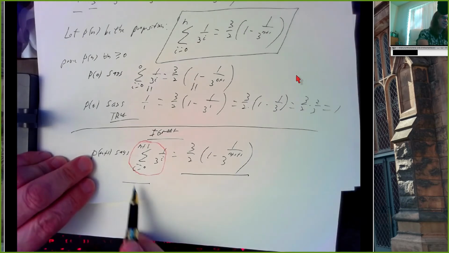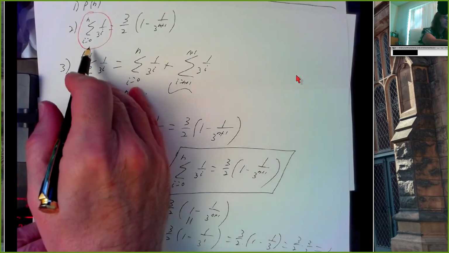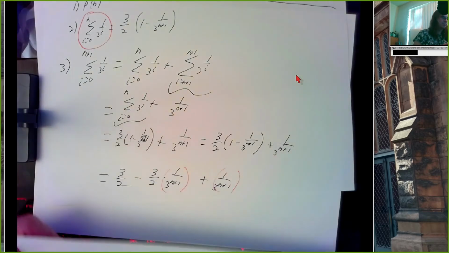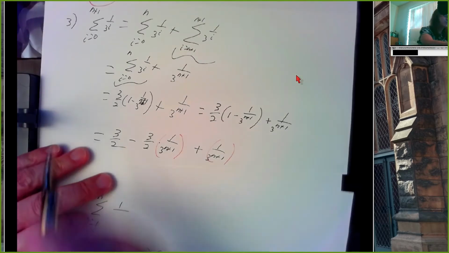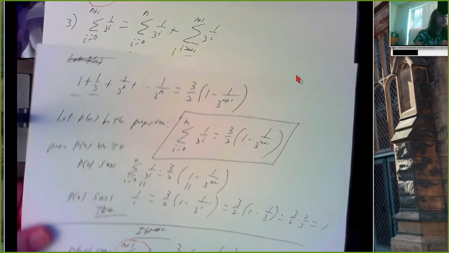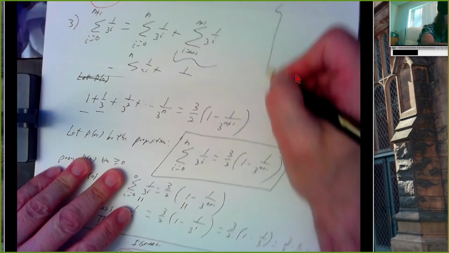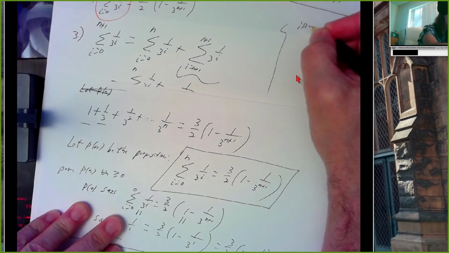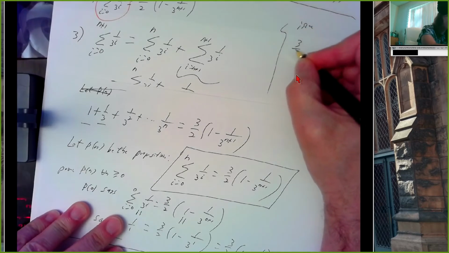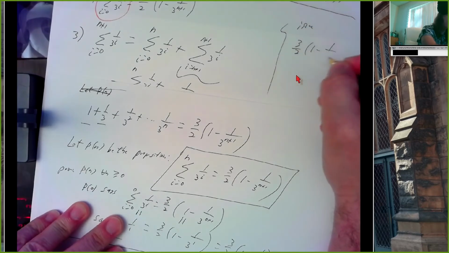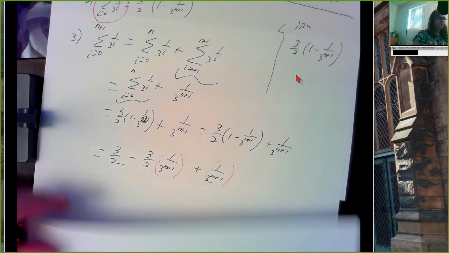And so the left side is already set up with that summation up to n plus 1. And so we're trying to turn the right side into this. So let me copy this, ignore. We're trying to get to 3 halves times 1 minus 1 over 3 to the n plus 2.